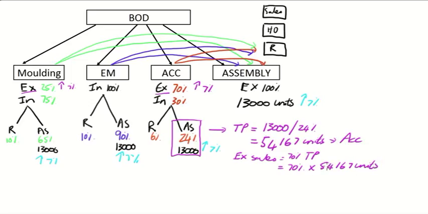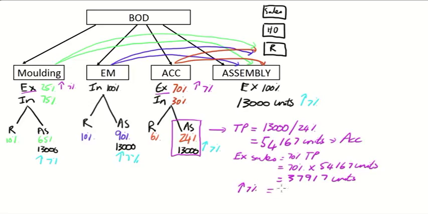If we calculate that times 0.7, we get external sales is equal to 37,917 units. This is what we would sell externally from the accessories division under the status quo where we have the sales function. Now, if we were to outsource our sales function, that number would increase by 7%.